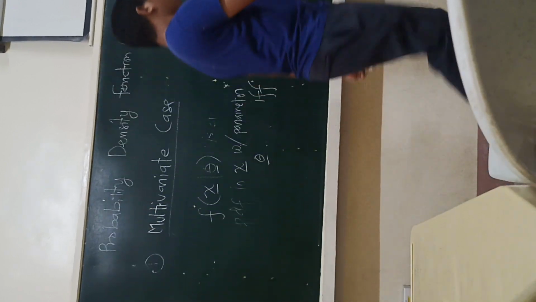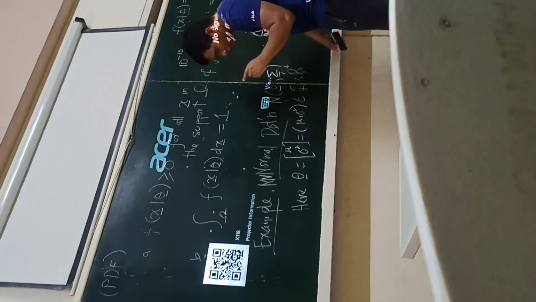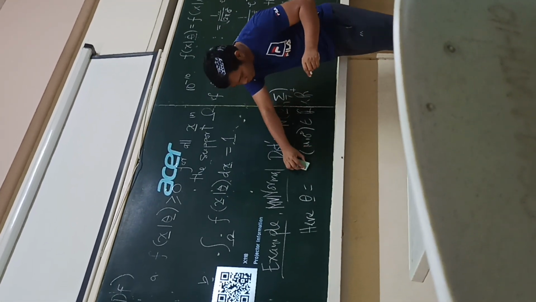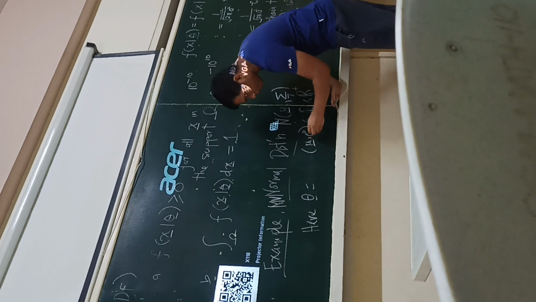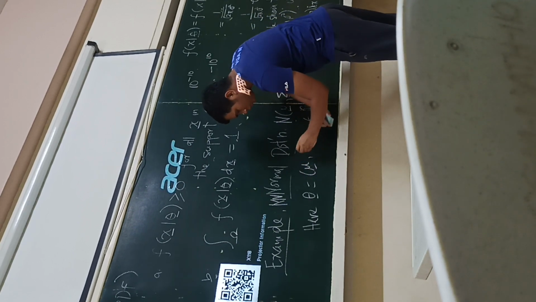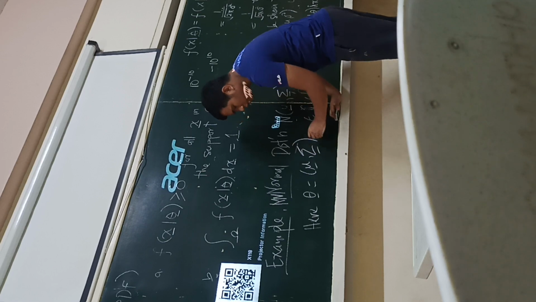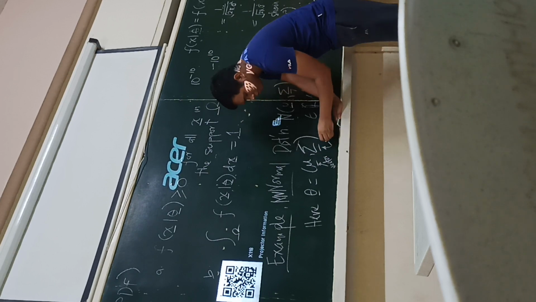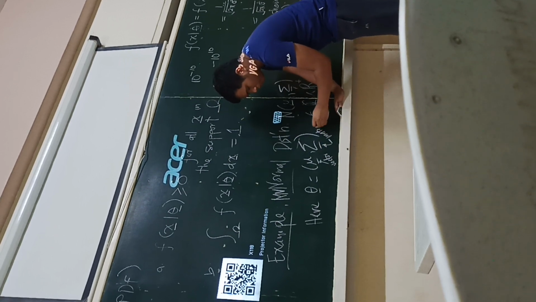But in this case now, wala na din to siya i-treat as vector. However, kung isulat, mu sigma. So this one is a vector, while this one is a matrix.